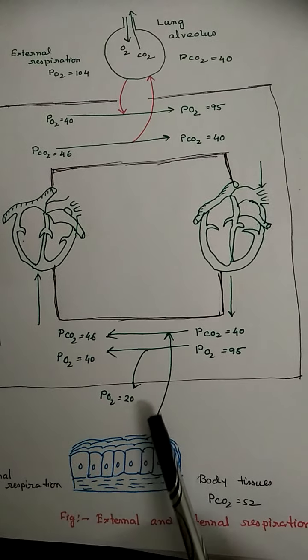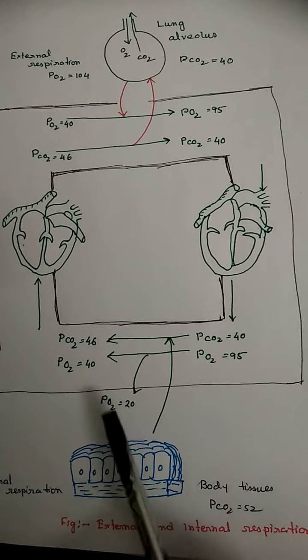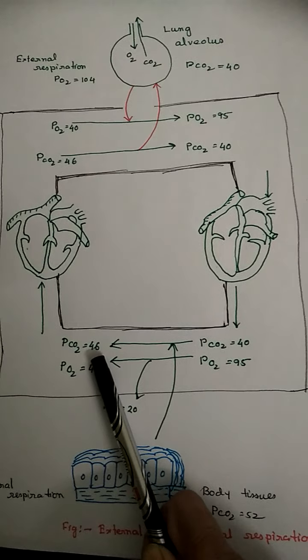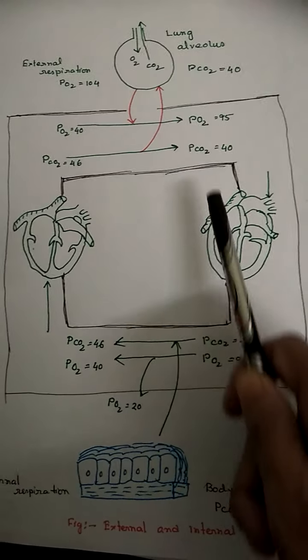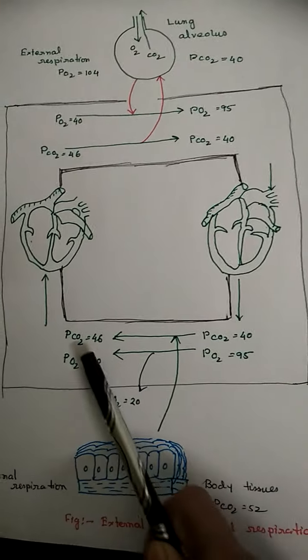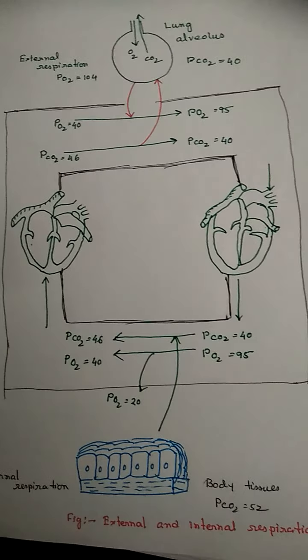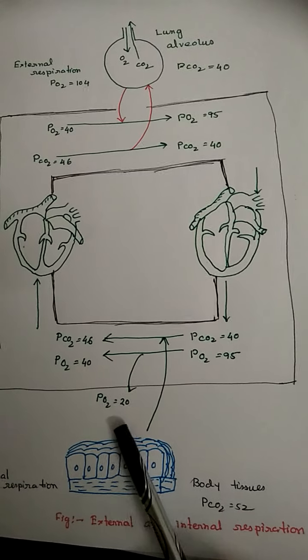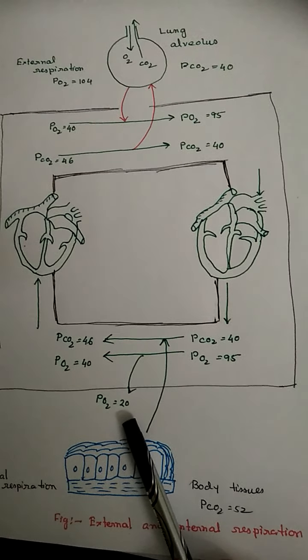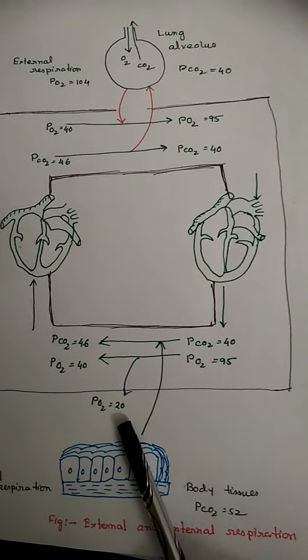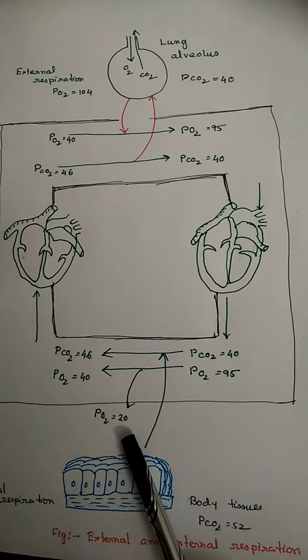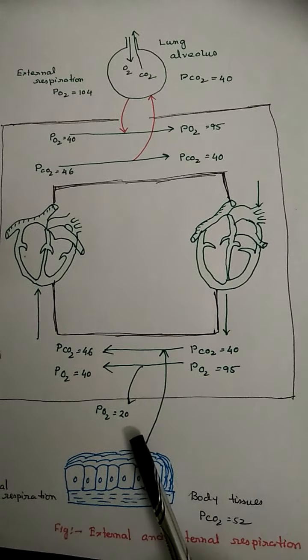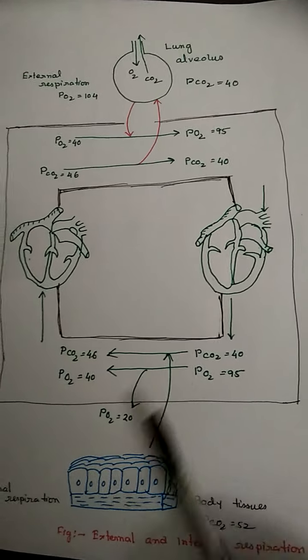Here the partial pressure of carbon dioxide is 46 and oxygen is 40. In the cells the partial pressure of oxygen is 20. So oxygen is low but carbon dioxide is high.